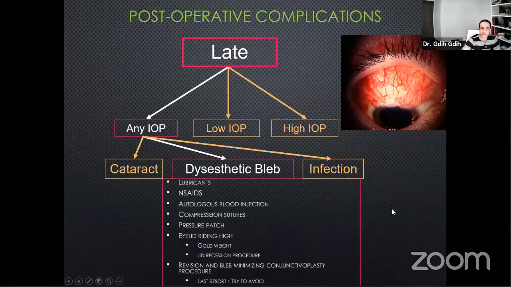In this case, you can consider a gold weight to the upper lid or a lid recession procedure. But if all these fail, then a revision and bleb-minimizing conjunctivoplasty procedure can be considered. And this would be a last resort, and you try to avoid doing it because most of the time it's not successful.